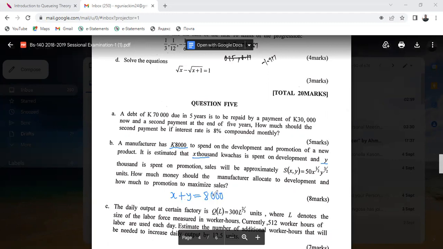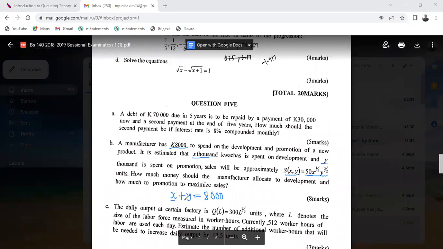Have we all seen where X plus Y equals 8,000 is coming from? Yes, good. Then the sales will be approximately S. So this is the sales function. How much money should the manufacturer allocate to development and how much to promotion to maximize the sales?